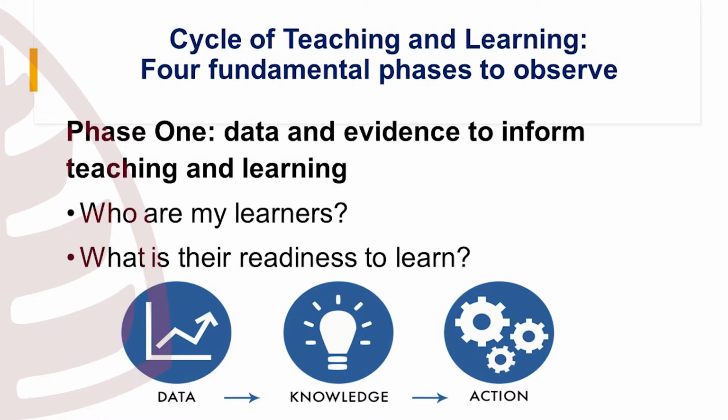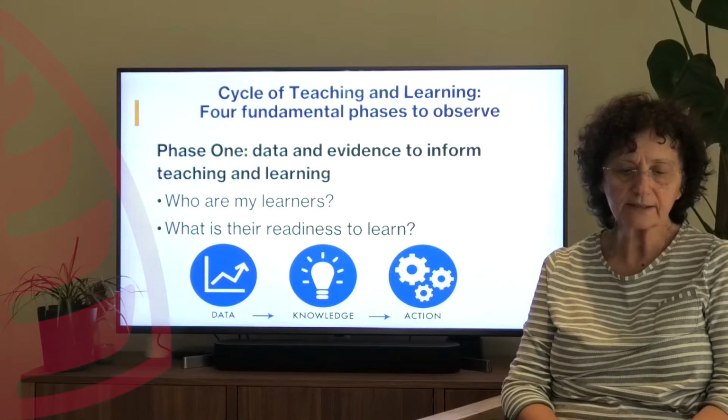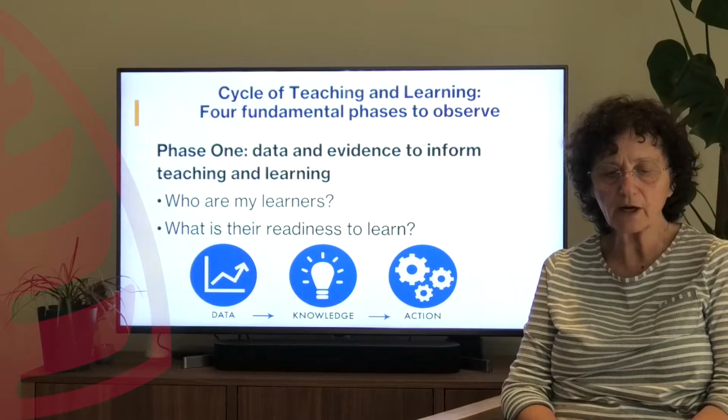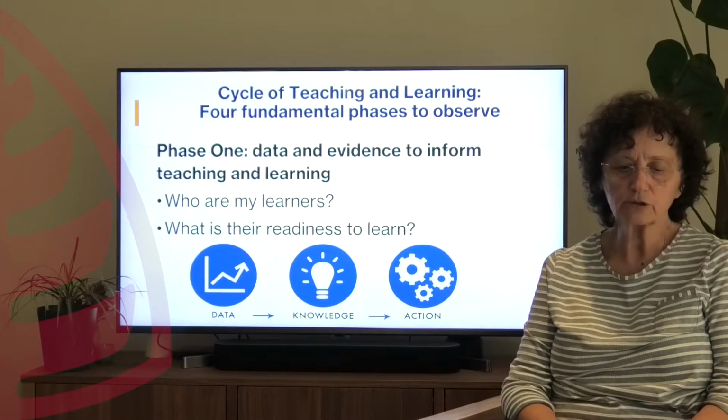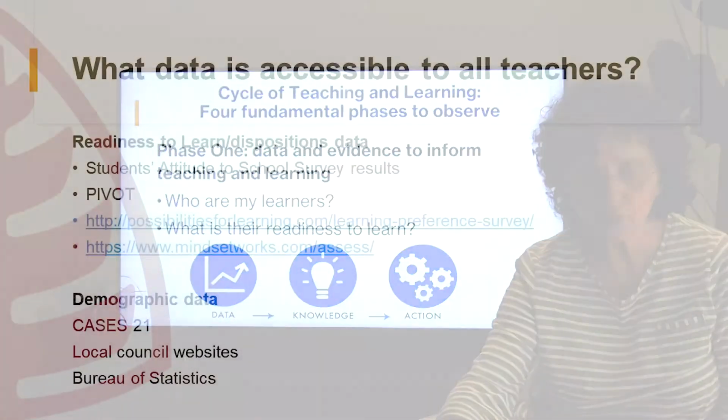So essentially we are addressing 2 fundamental questions here. Who are my learners and what is their readiness to learn? So we use the data to gain knowledge of our learners in order to take action to ensure that learning happens for every learner.